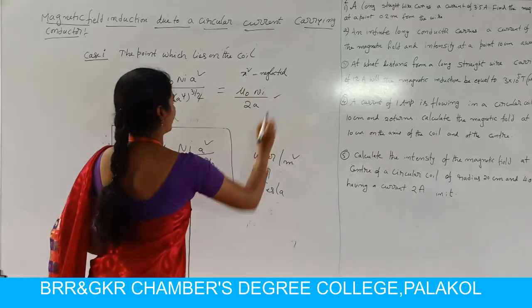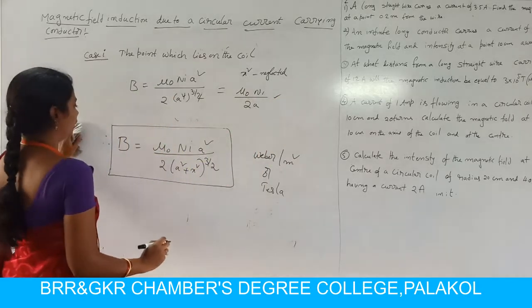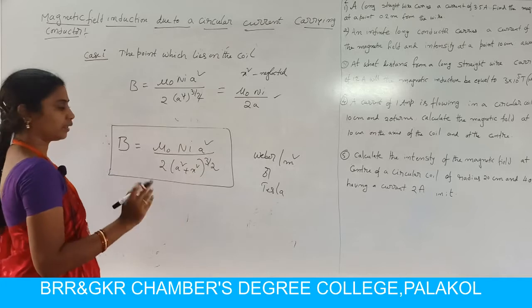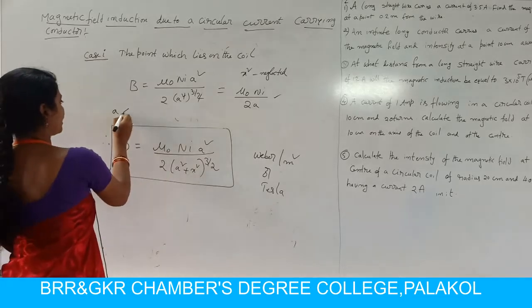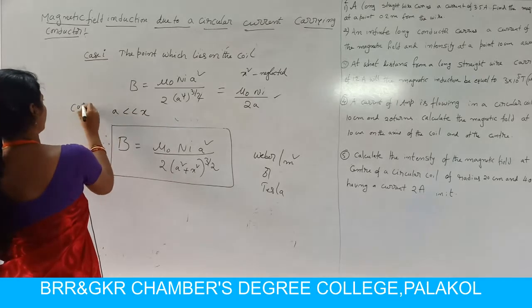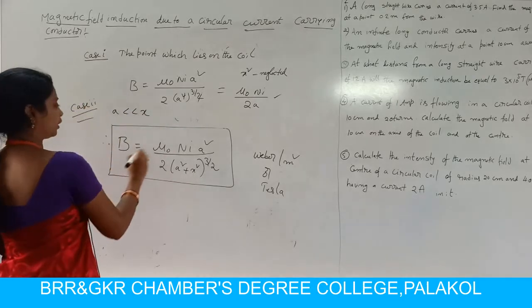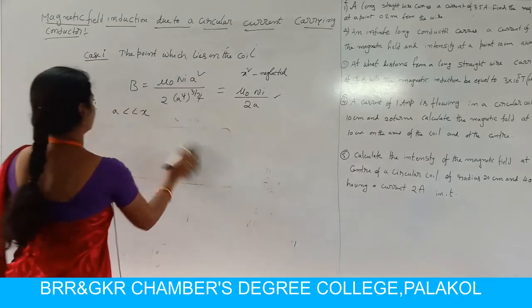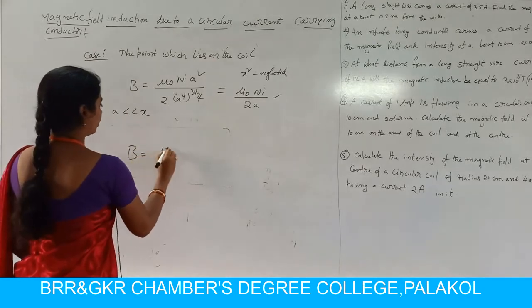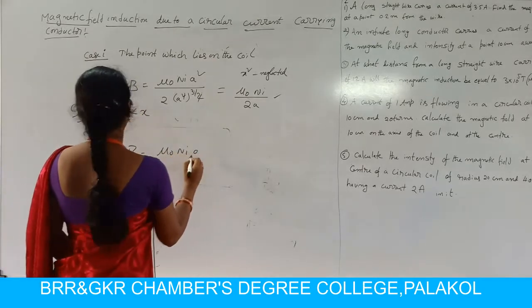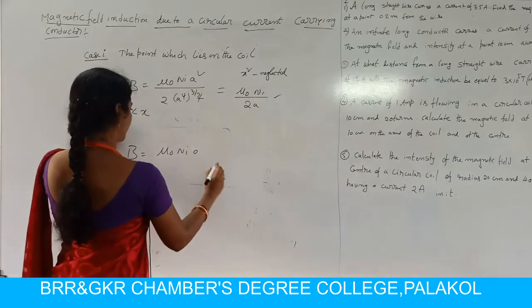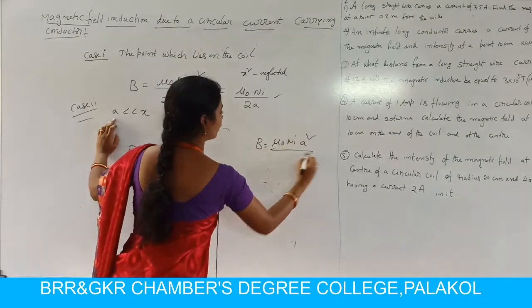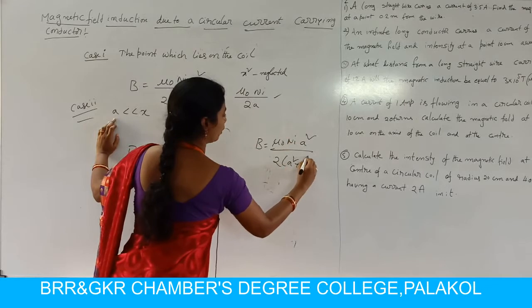Please remember it. Then the second case: we consider the point far away from the axis, so automatically small a is less than x. Hence the expression becomes B equal to mu naught N i a square by 2 into a square plus x square whole power 3 by 2.